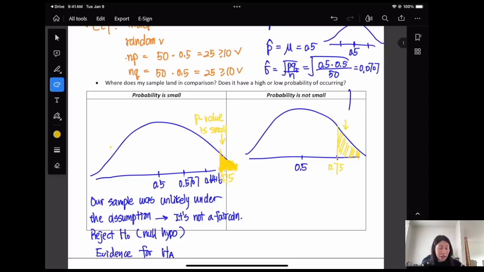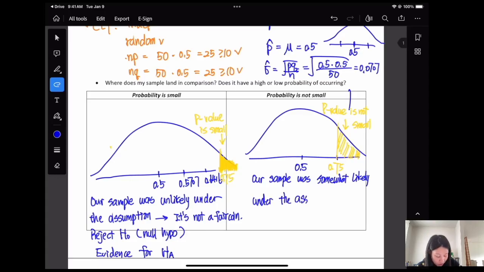The highlighted area is our p-value, and the p-value is not small, which means the probability is not small. So in this case, we will say our sample was somewhat likely under the assumption, which is our null hypothesis.